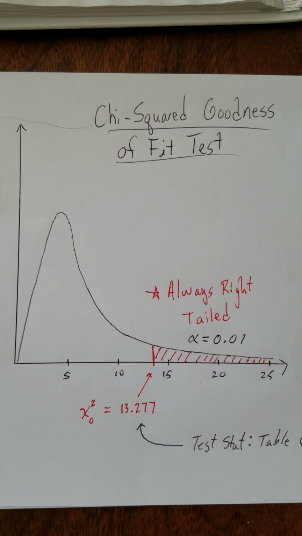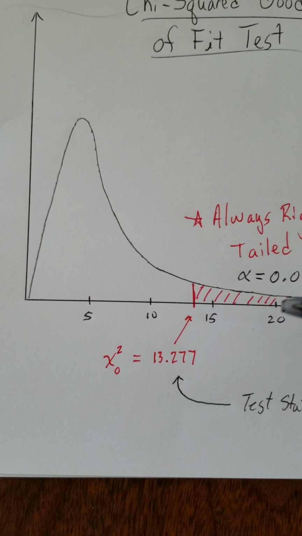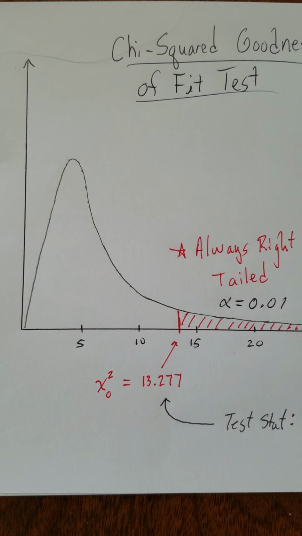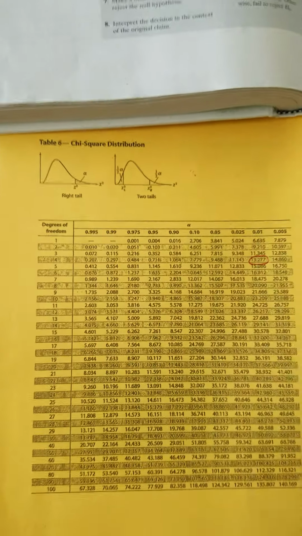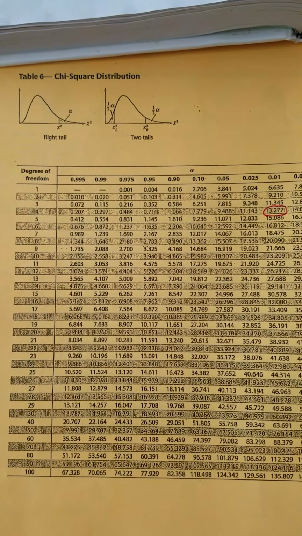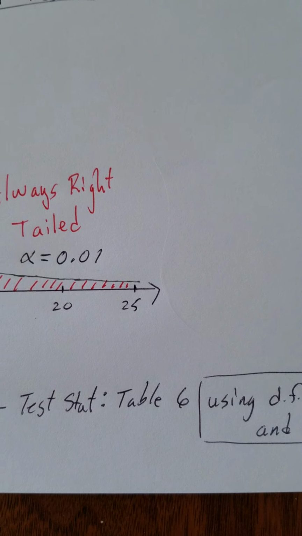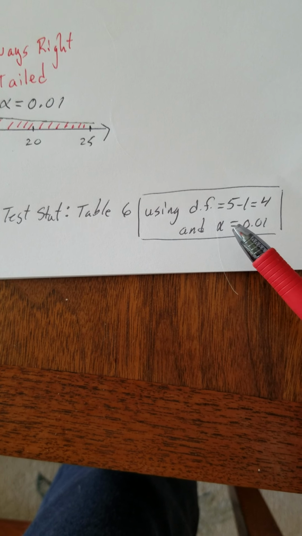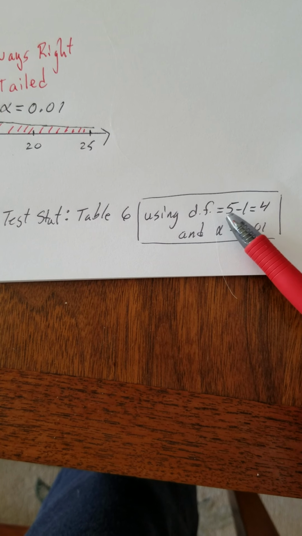So obviously we need a test stat, right? We need that cutoff number. Now where do we get that? That's where this table right here comes into play, table 6. To get our test stat, we use table 6, and we're using degrees of freedom 5 minus 1.